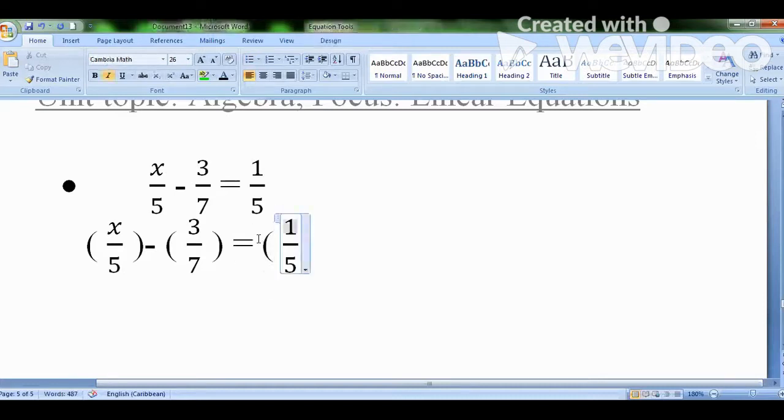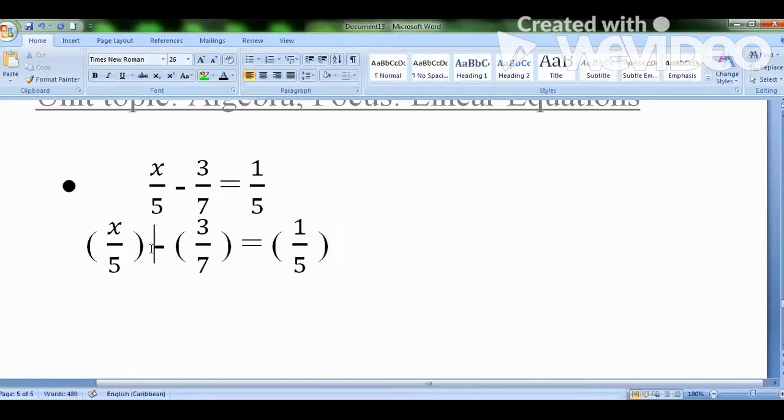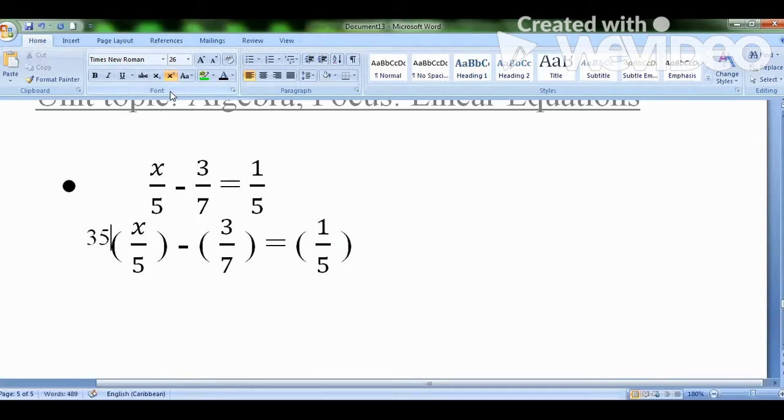This is not easy, you know. Then, after you bracket each term, you're going to find the LCM. What's the LCM of 5, 7, and 5? 35. All right.